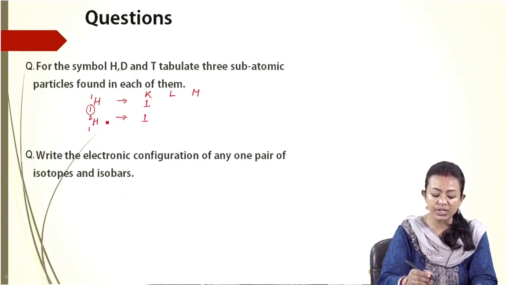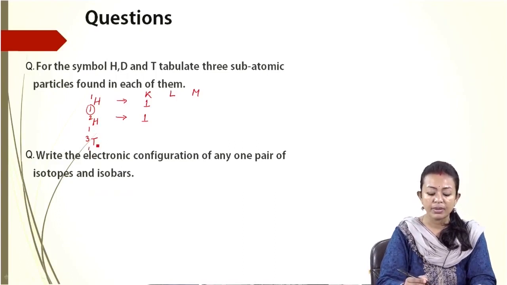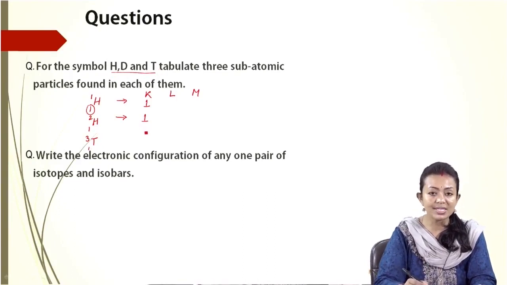Whereas in case of tritium, what would it be? In case of tritium, it's going to be 3 as the mass number and the atomic number is again the same because these 3 are the isotopes. So as they are the isotopes, they are going to have the same atomic number but different mass numbers.